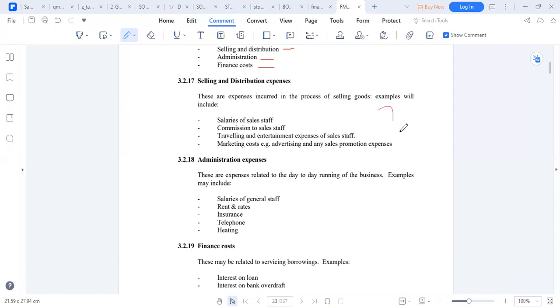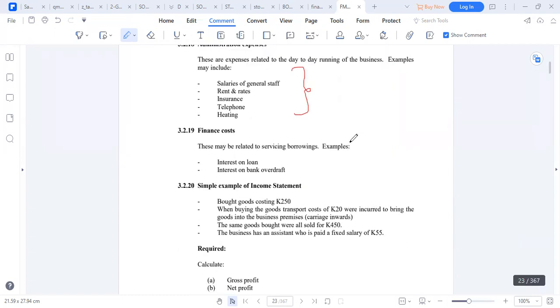You can group these under selling and distribution expenses if you want. And under administration expenses, we have salaries of general staff, rentals, insurance, telephone, heating. These are administration expenses. In financial expenses, we may have interest on loan and bank overdraft.